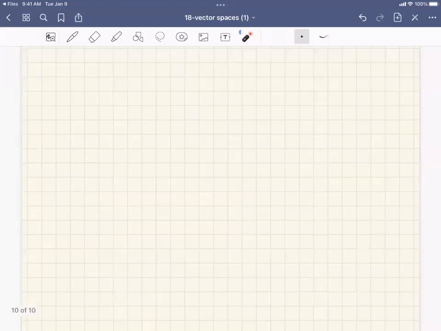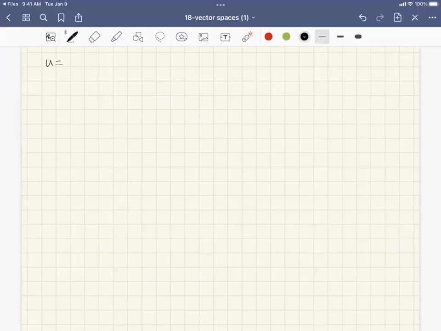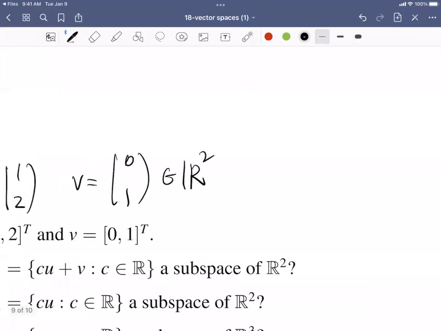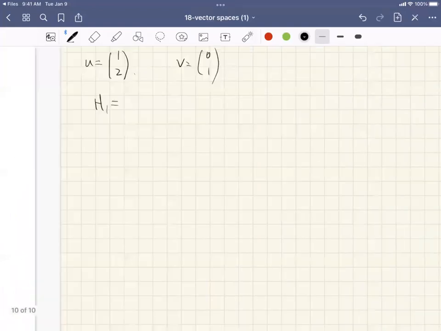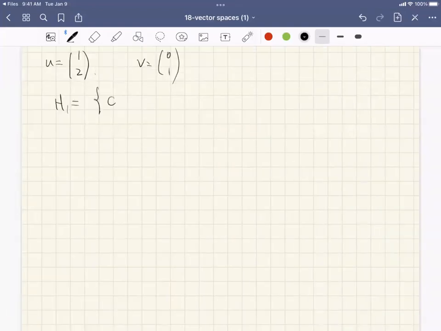So we have U equals (1, 2), and V equals (0, 1). And H1 is going to be Cu plus V, such that C is in R, C is a scalar.